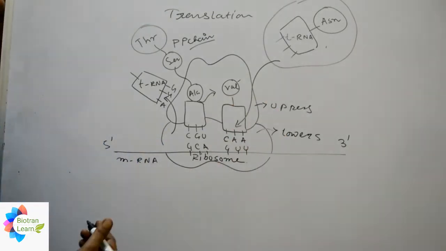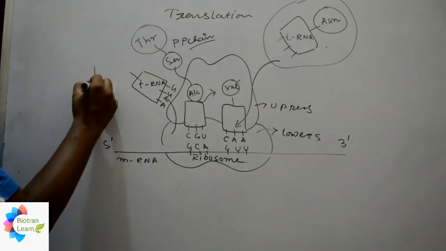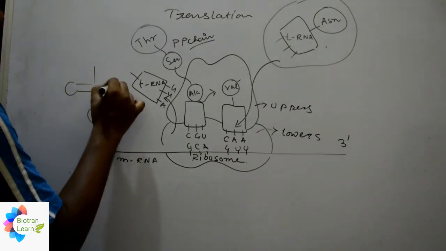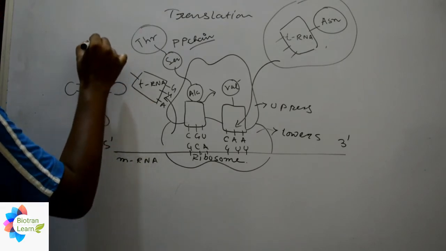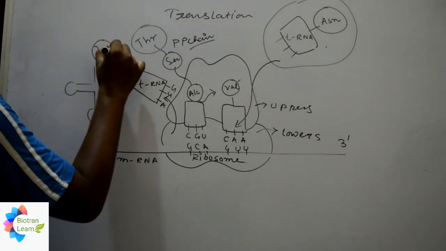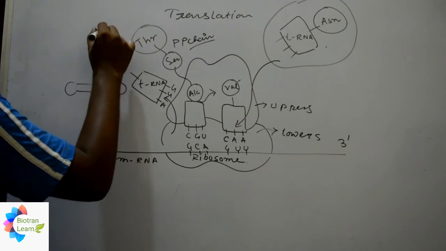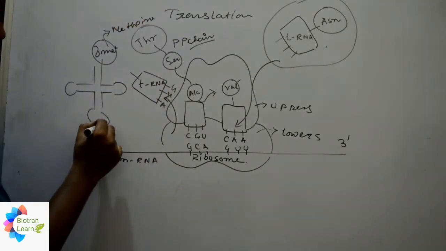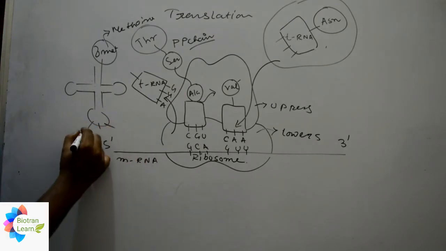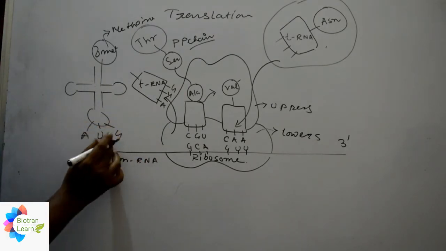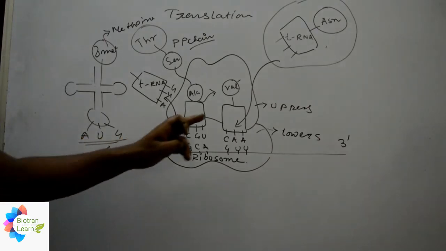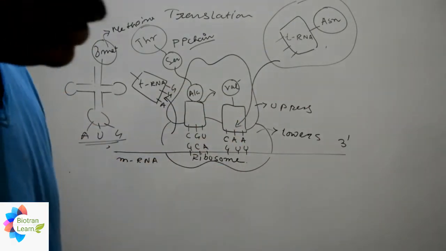So in this case, what happens? A tRNA is first charged with f-Met. F-Met means methionine, which finds the codon AUG, and afterwards the process of translation takes place.